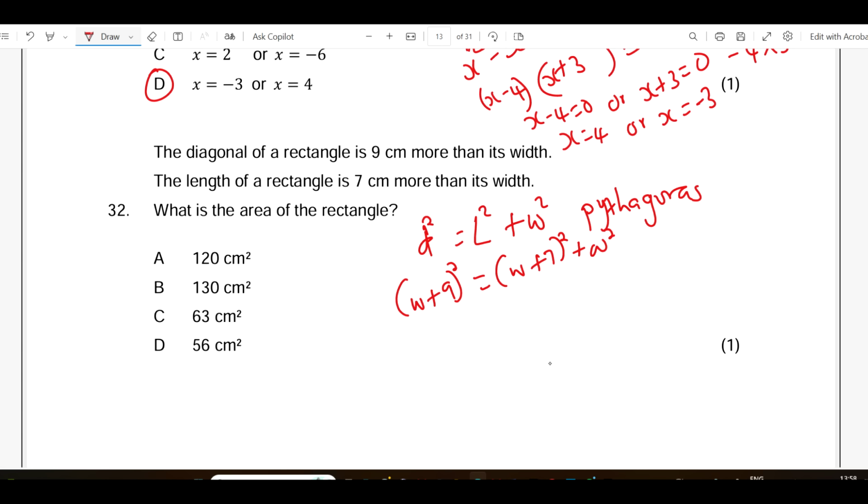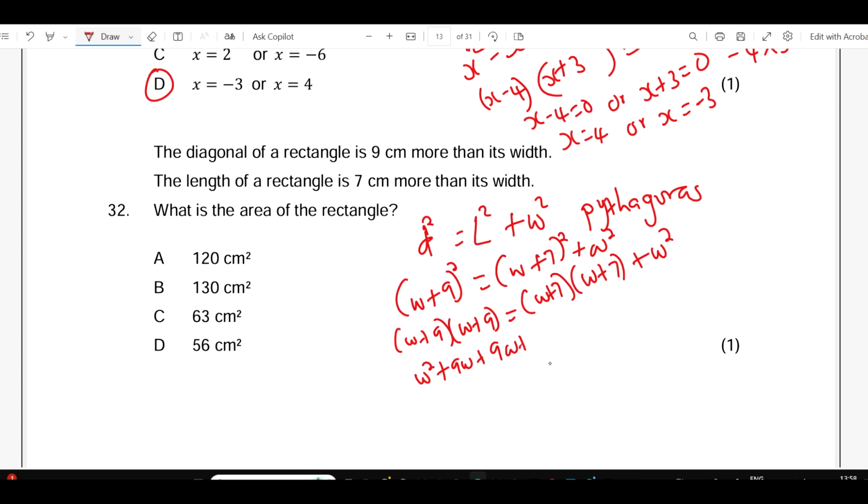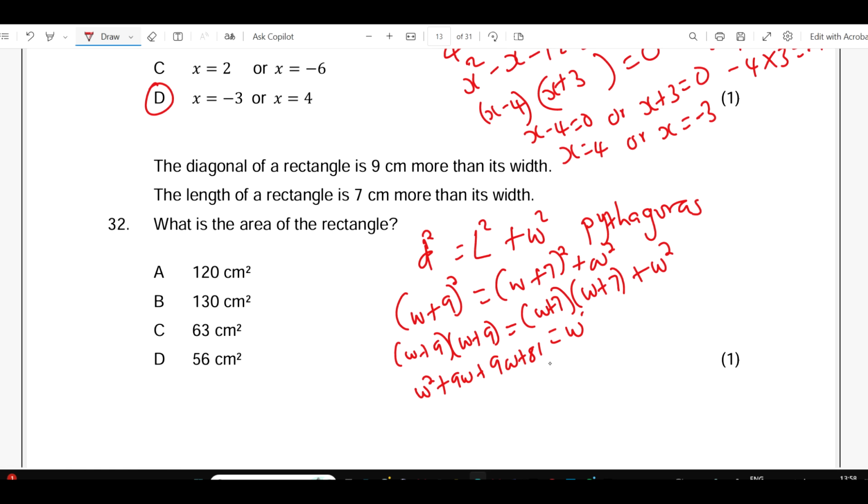Now let's expand this. It's going to be w plus 9, w plus 9. Here it's going to be w plus 7, w plus 7, plus w squared. W times w is w squared. W times 9 is 9w, plus 9w, plus 81, is going to be w squared.